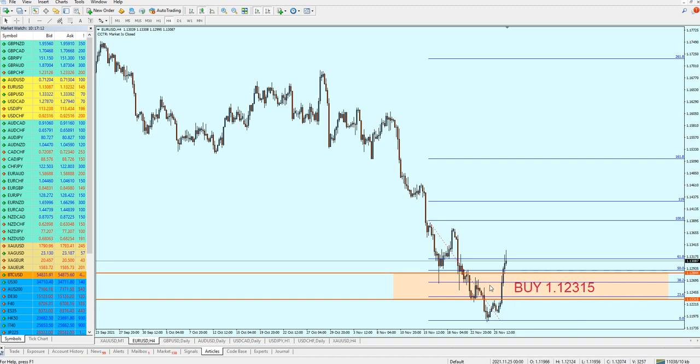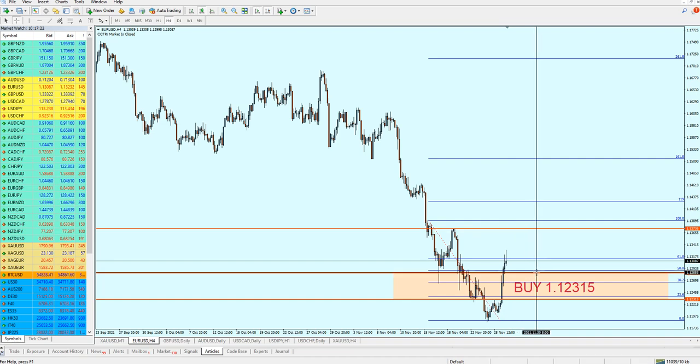So the pair has reversed from 38.2. We are seeing the breakout happened right here. Target should be here. Target will be about 90 pips.